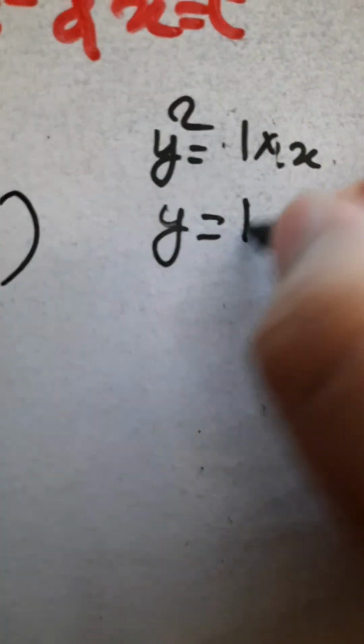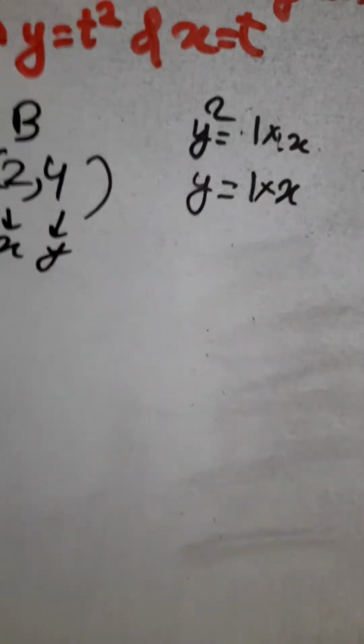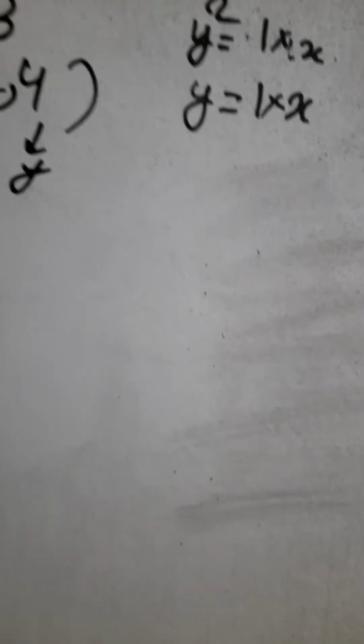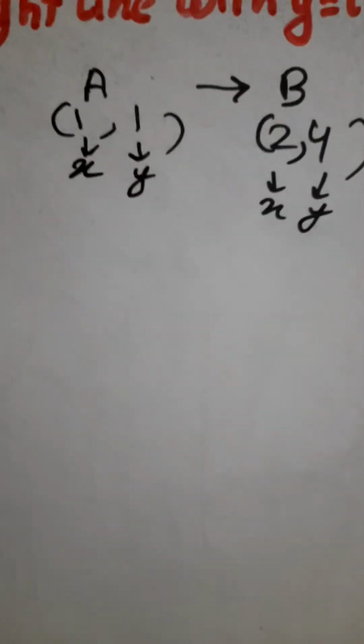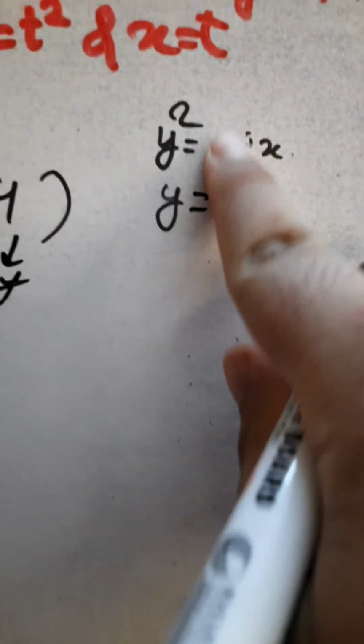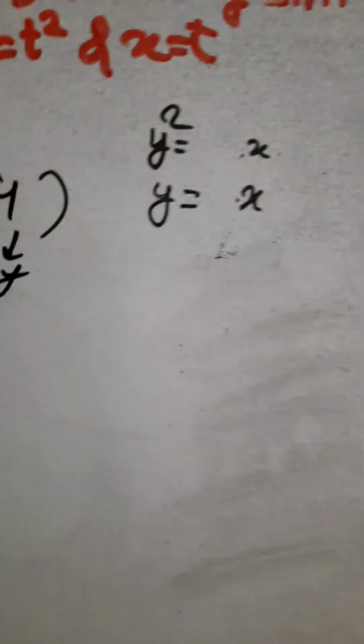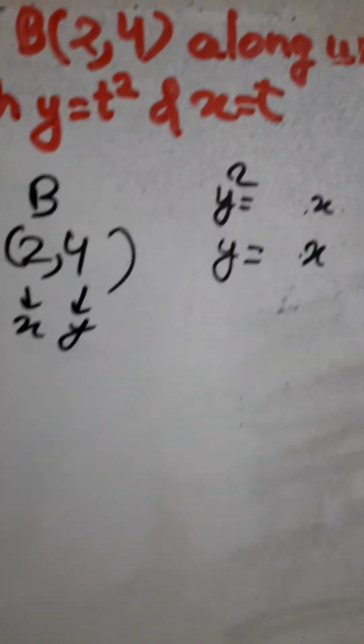So 1 into x square, 1 into x. For the straight line, the slope would be 1. So now we got most of the things. Let me just make the equations better: y equal to x square, y square equal to x, y equal to x.